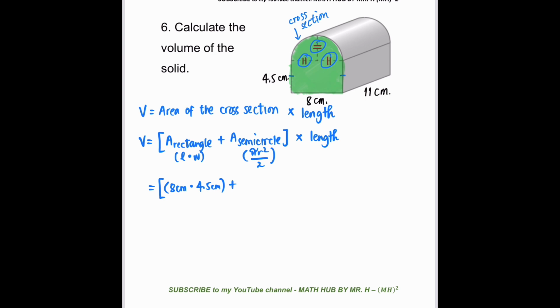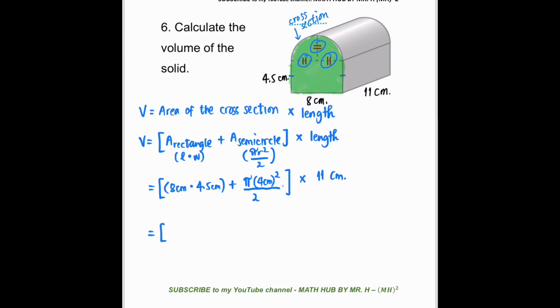Okay, so we take the formula again. We have pi, divided by 2. The radius is 4 centimeters, so it's going to be 4 centimeters squared, times the length, which is 11 centimeters.